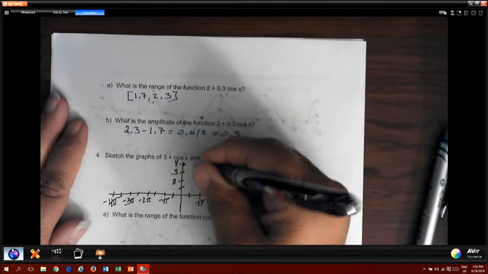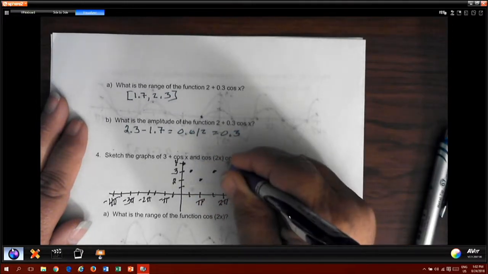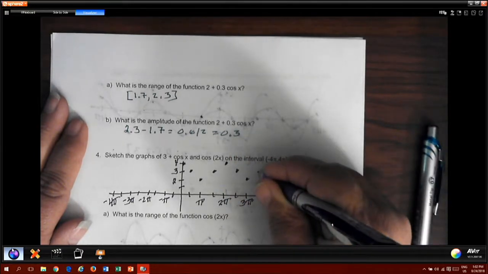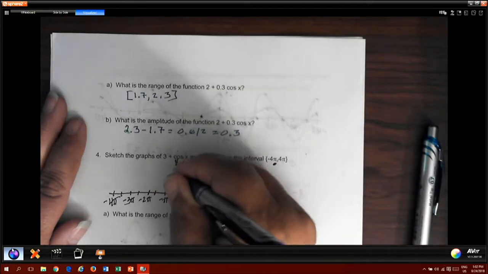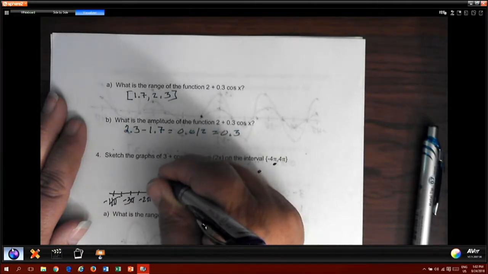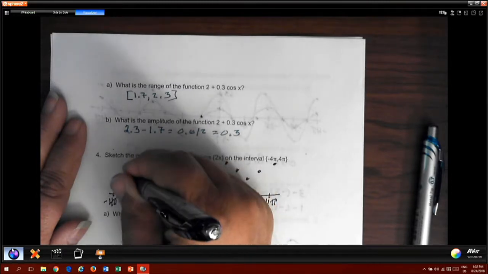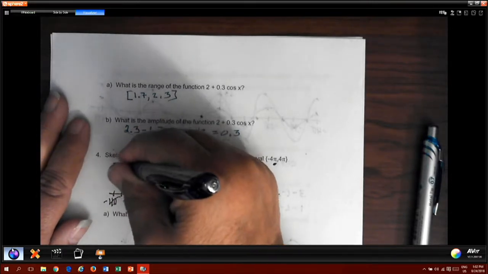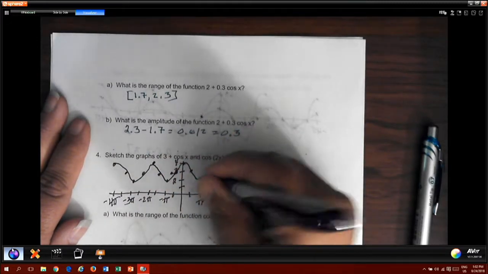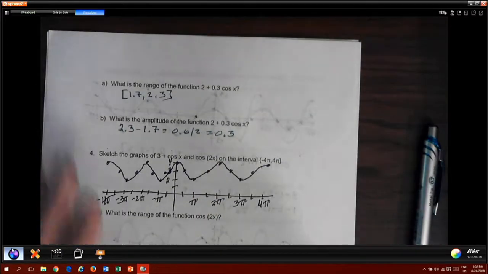So we start at 4, down to 3, down to 2, up to 3, back to 4, and then do it again. We have something that looks like this.